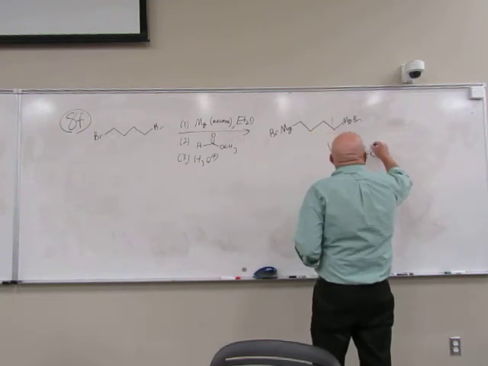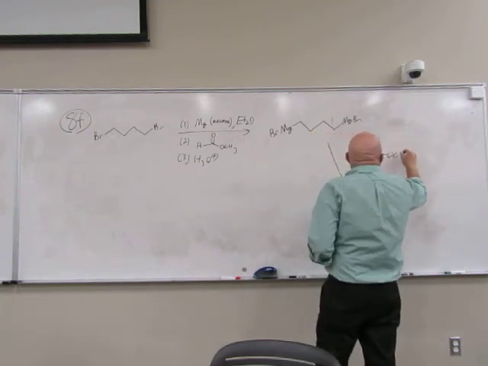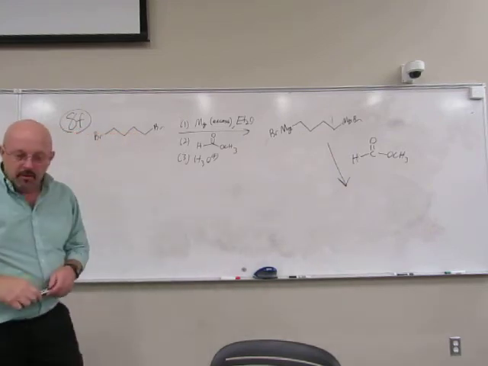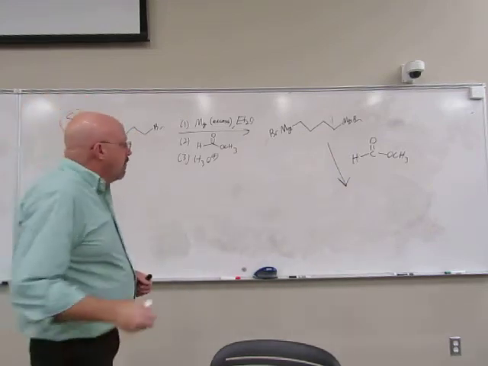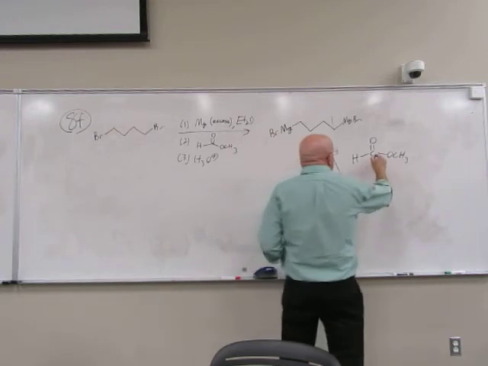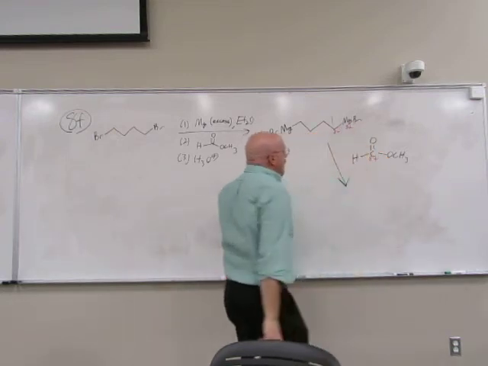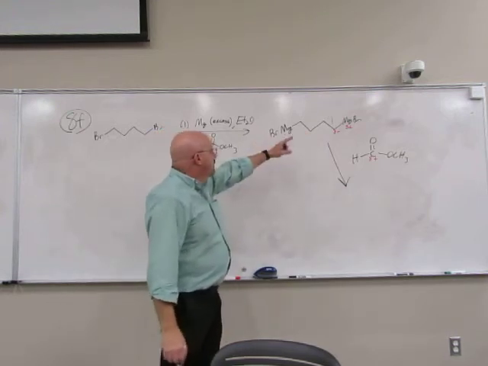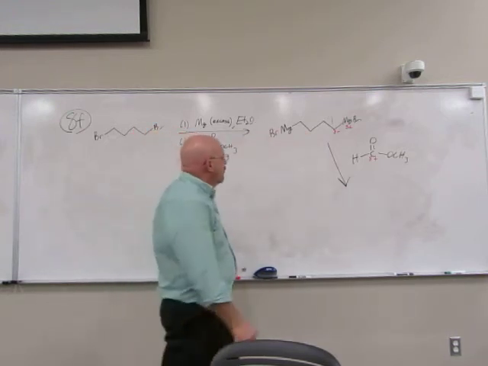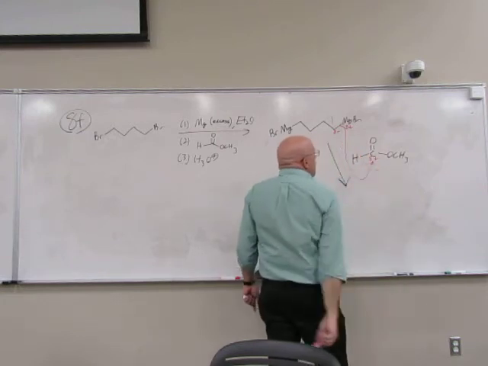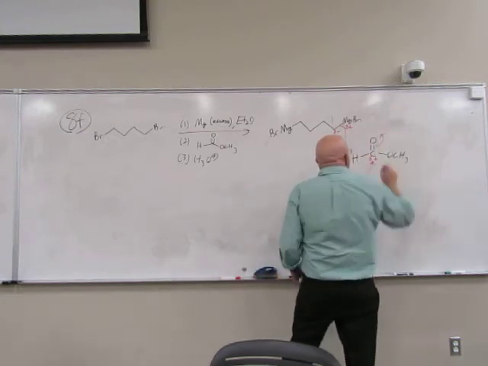Okay, so let's see what we do here in the second step. We're reacting with this molecule. We know what a Grignard will do. Grignards like to attack the carbonyl carbon, because there's a partial negative on that carbon and a partial positive on the metal. Same thing on the other one, no matter which end you use. So this is going to attack, keeping the electrons up onto the oxygen.